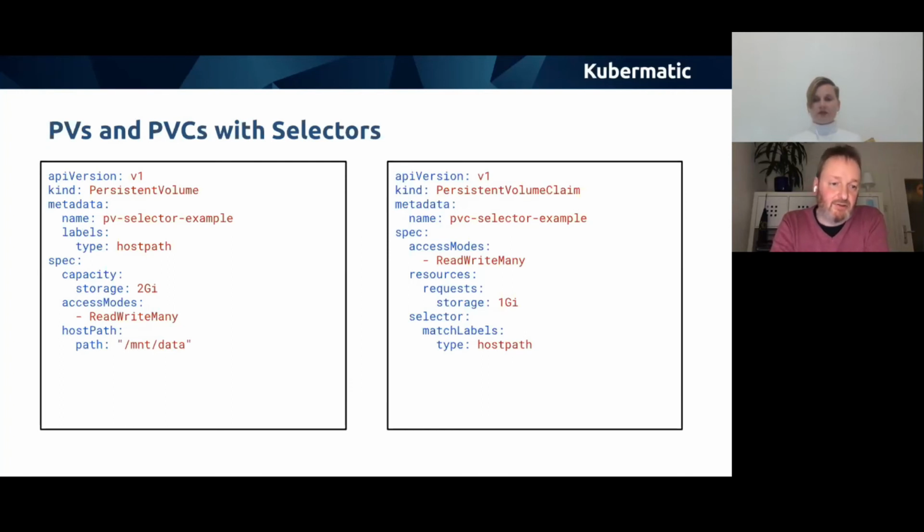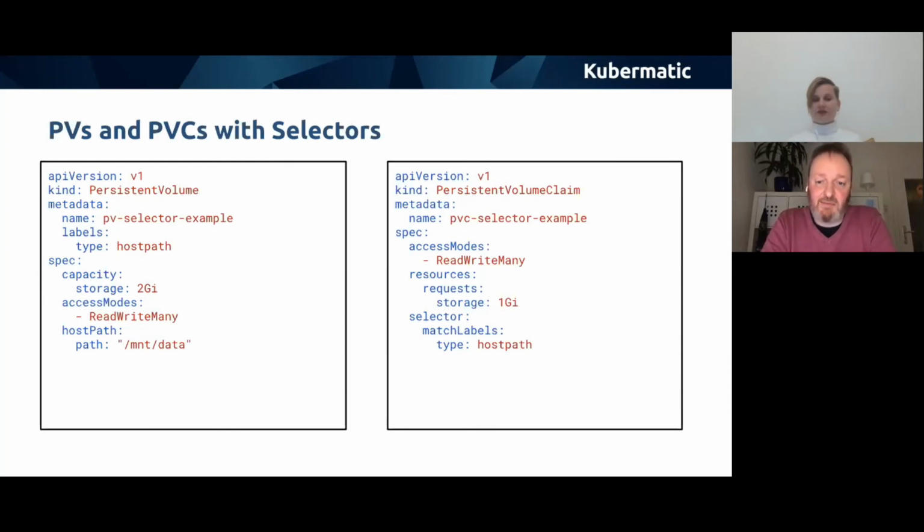Because in the spec we've chosen host path, we could also use any other name-value combination. Most important is that on the persistent volume claim side we have a selector, and inside the selector we say match the labels, and we are matching the labels with type and host path.